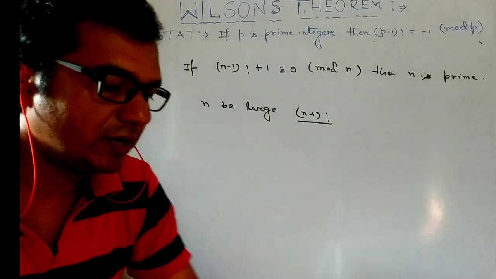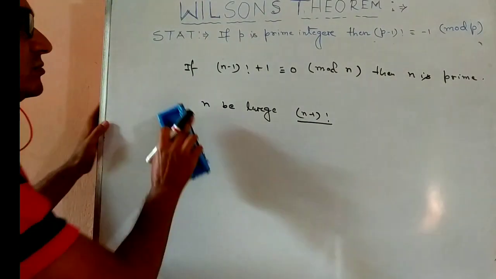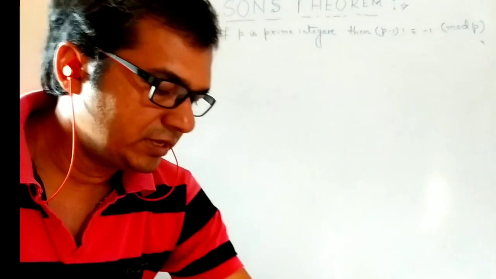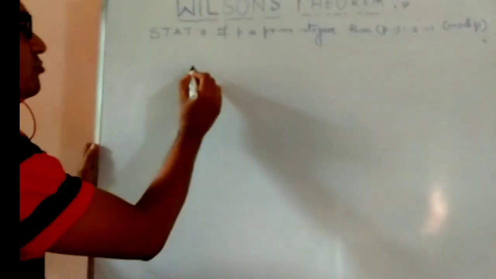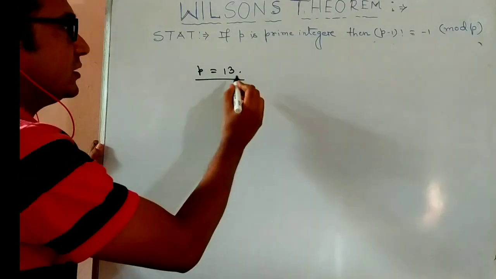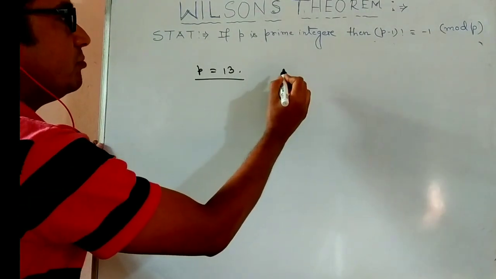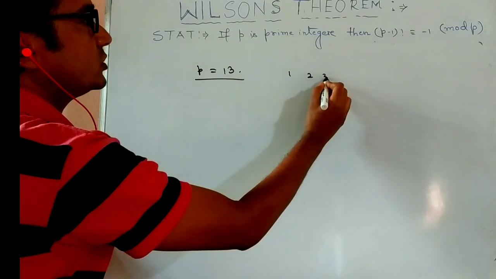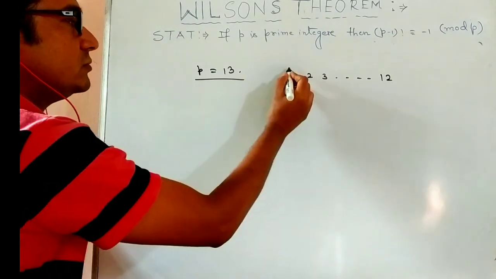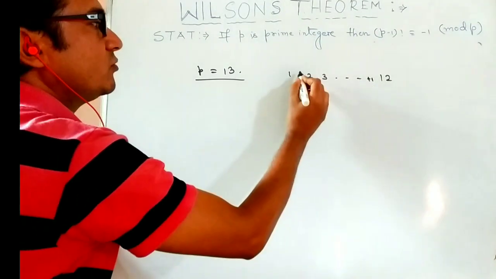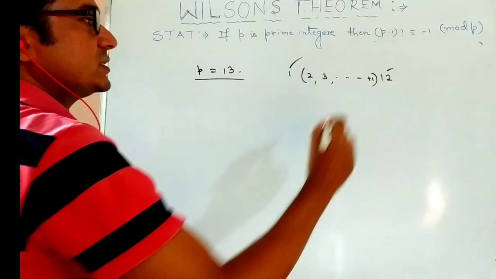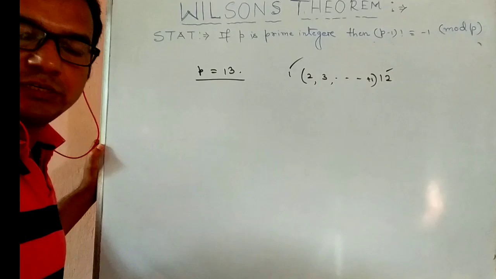Okay, now we explain this theorem by a proper example. If we take a prime p equal to 13, then the numbers 1, 2, 3 to 12, we take from this to this, and this can be deleted from the list.